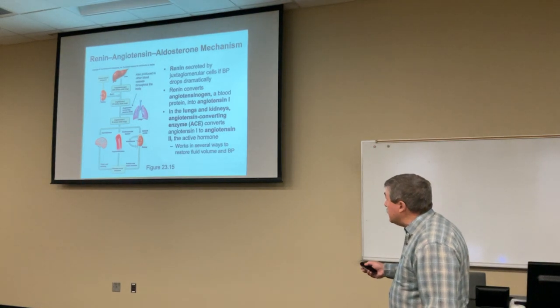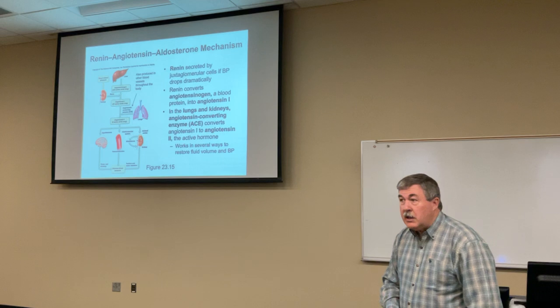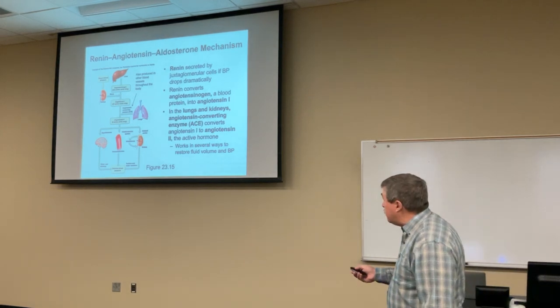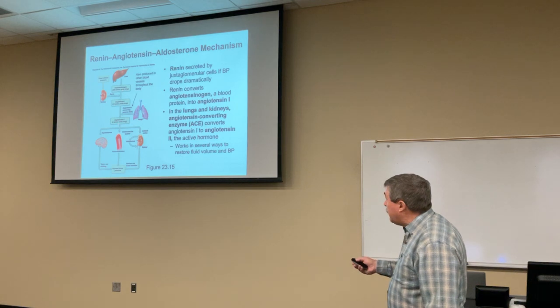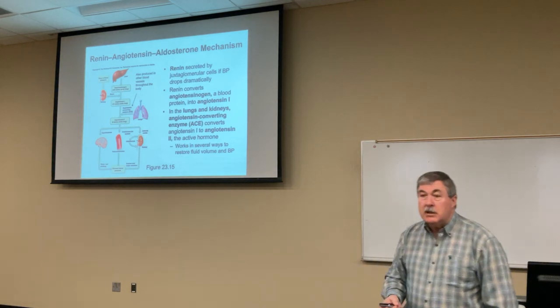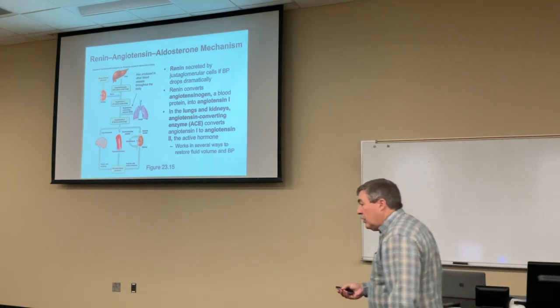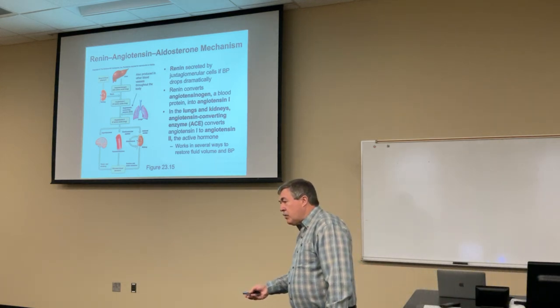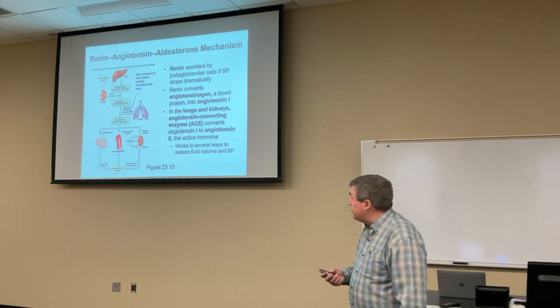Angiotensin 2 causes vasoconstriction of systemic vessels, which brings blood pressure back up. Also, it stimulates the adrenal cortex to release aldosterone, which increases sodium and water reabsorption. That also increases blood pressure.